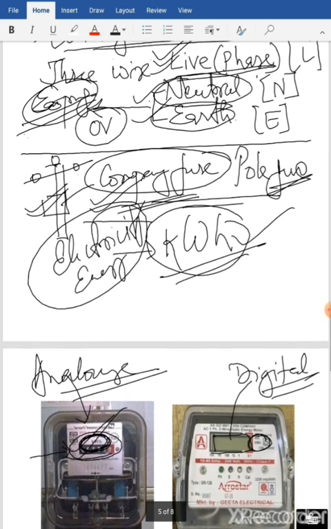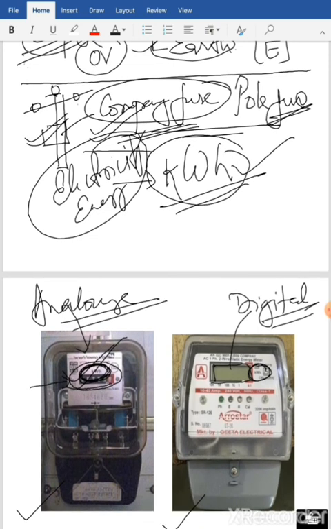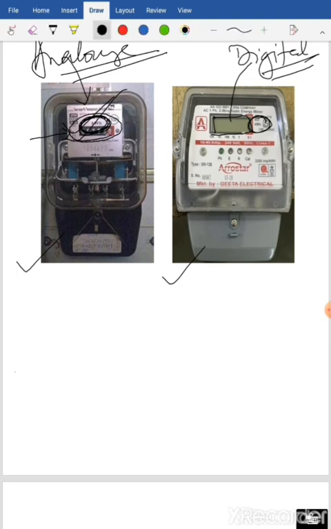All right, so after the wire from the pole goes through the fuse, that is the pole fuse, it enters the kWh meter. Are you getting my point? Now from the kWh meter, it goes to the main switch. Where does it go?